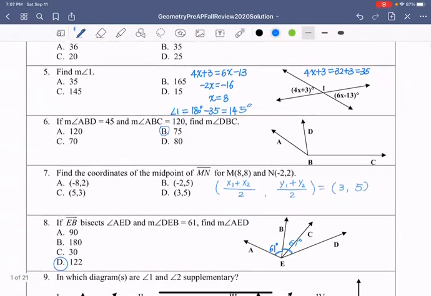Next one is a midpoint formula again. Felix, you were given a point here and here. Tell me how you work on the midpoint. Go ahead, please.